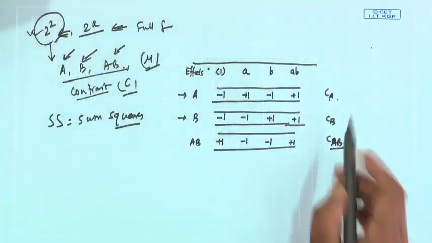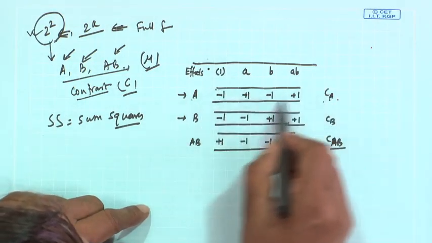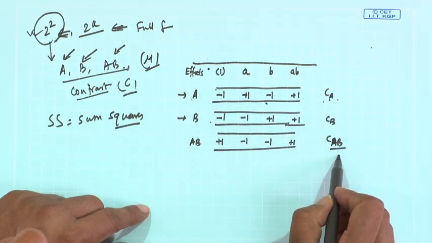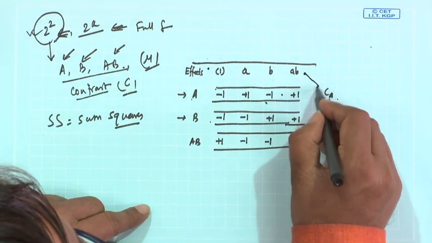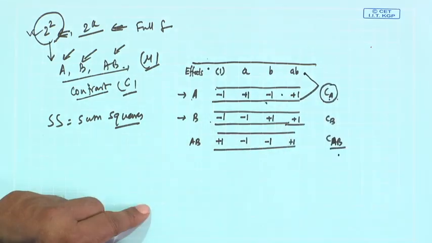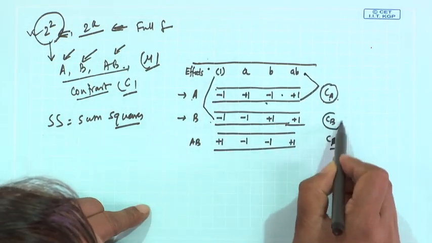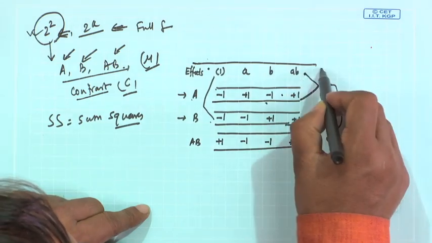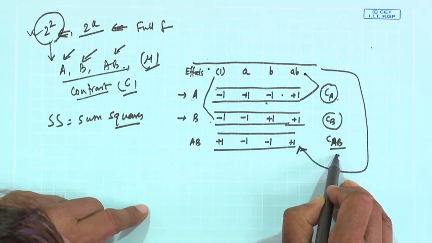So, this is basically the constant for A, for B and for AB. Now, when you multiply this with the effect, you will get this contrast, and when you multiply this with this, you will get the AB contrast.